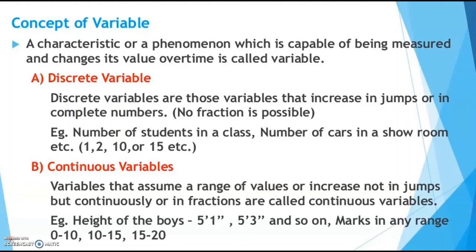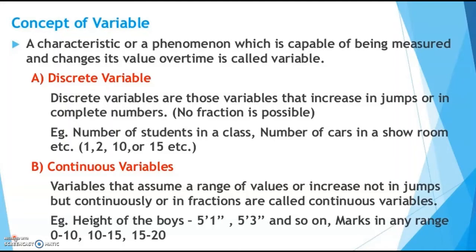It may take integral values like 1, 2, 3, 4, then fractional values like 1/2, 2/3, 3/4 and the values that are not exact fractions like root 2, root 3, etc.